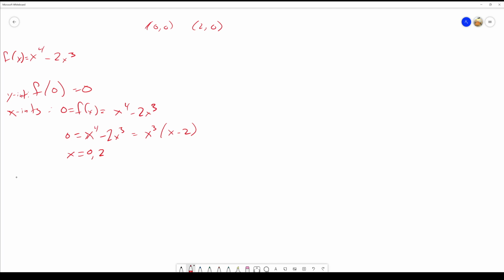Now, let's find f prime, so we can figure out when the function is increasing and when it's decreasing. So the derivative of f of x, using the power rule, is 4x cubed minus 6x squared. All right. So let's find the critical values. So I set that equal to 0.